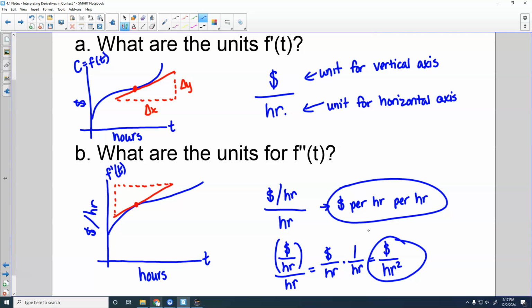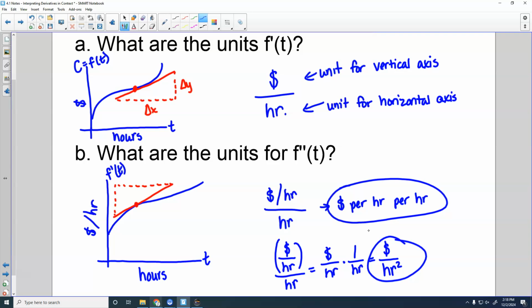What I see kids do wrong a lot of times if they use that square is they put it in the wrong spot, especially if it's like a feet, yards, something like that, because cubic feet makes sense. Square dollars don't really make the most sense, right? But cubic feet would, or square feet would make sense, but that would not be correct in this context.